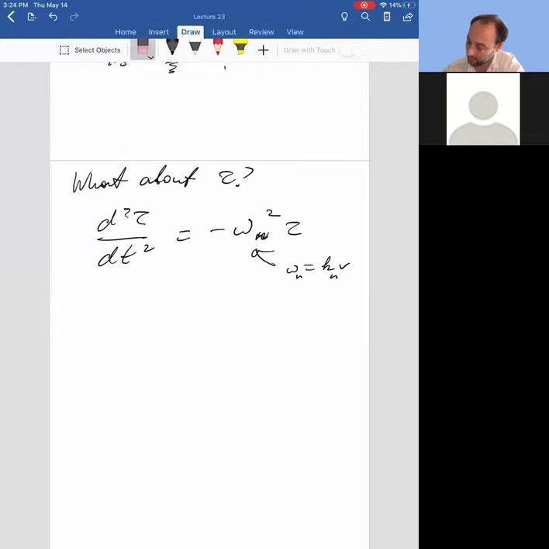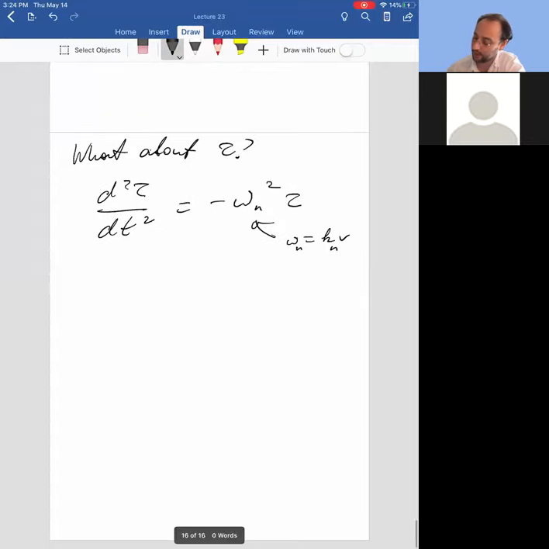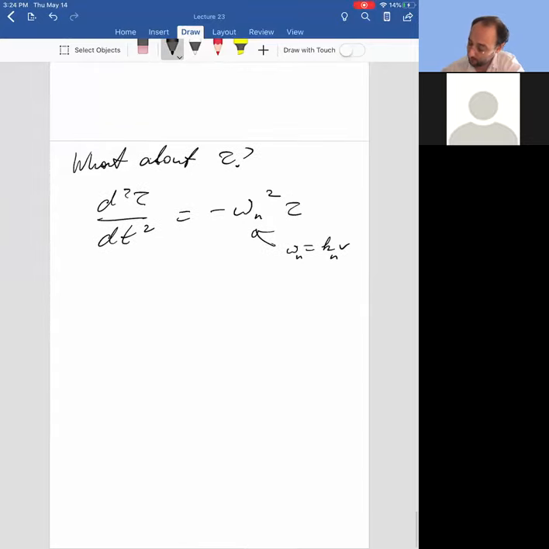Then the frequencies are also discrete, right? And so this is basically the same equation. You can write the general solution again as some coefficient times the sine of omega t plus another coefficient times the cosine of omega t, or you can combine them into a more convenient form.